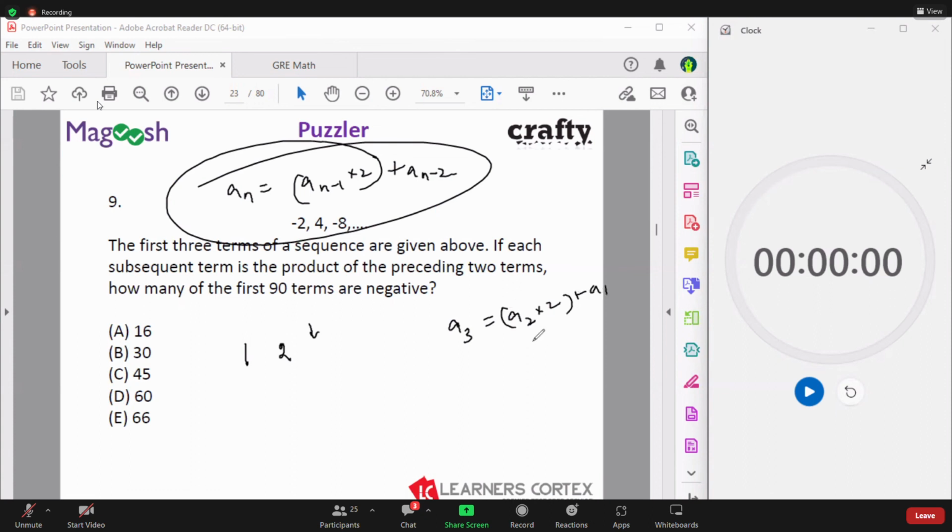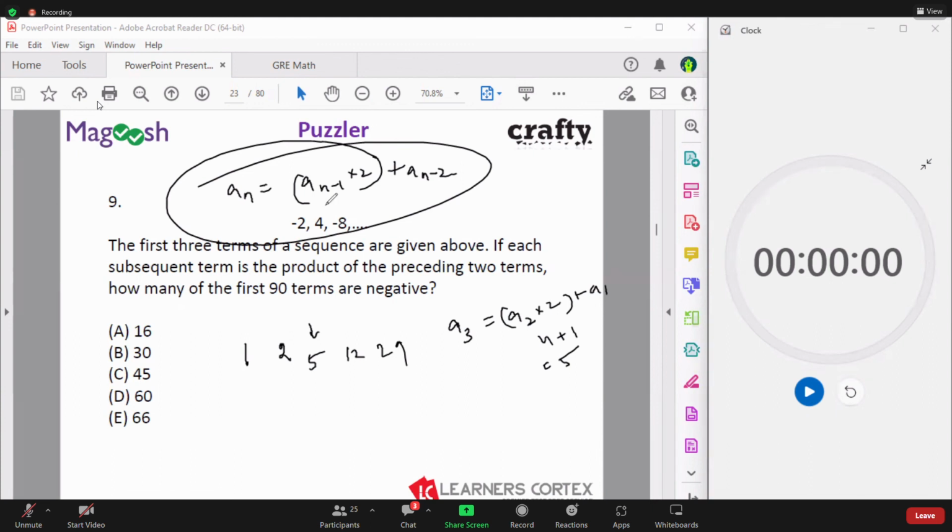So this becomes 4 plus 1, which is 5. So the third term would be 5. Now the fourth term would be 10 plus 2, which is 12. Okay, so on and so forth. Then there would be 29. So this is how you can create a recursive series as well.